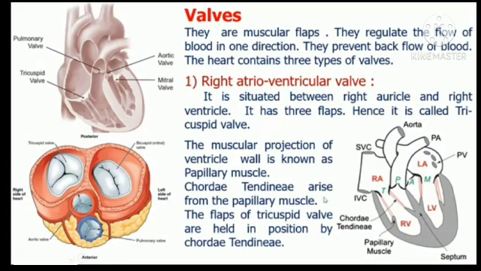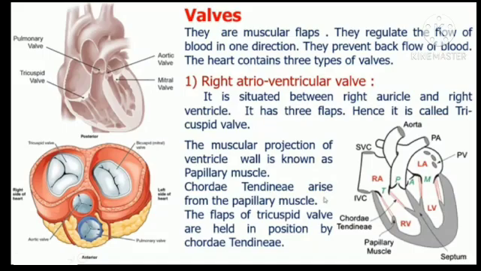Different types of valves present in the heart. They are muscular flaps. They regulate the flow of blood in one direction. They prevent backflow of blood. The heart contains three types of valves. First is the right atrioventricular valve. It is situated between the right auricle and right ventricle. It has three flaps.